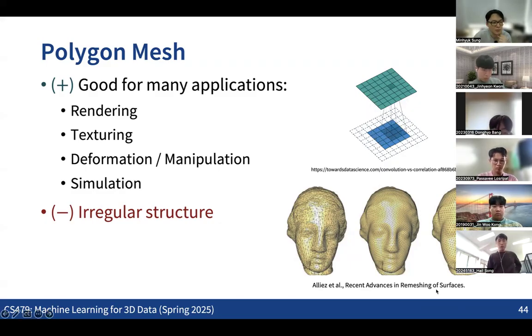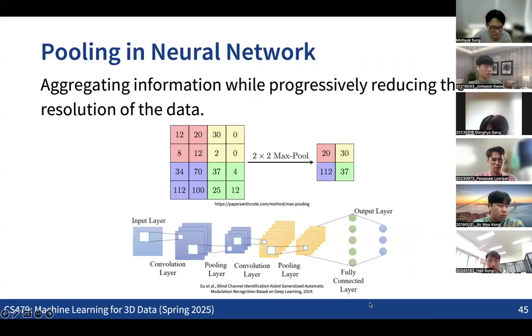But actually, there are some attempts at applying convolution or typical architectures over meshes as well. One simple idea is that a typical 2D convolutional neural network involves a pooling operation, right? So this is an example of how we can extend typical 2D neural network architectures to 3D meshes.